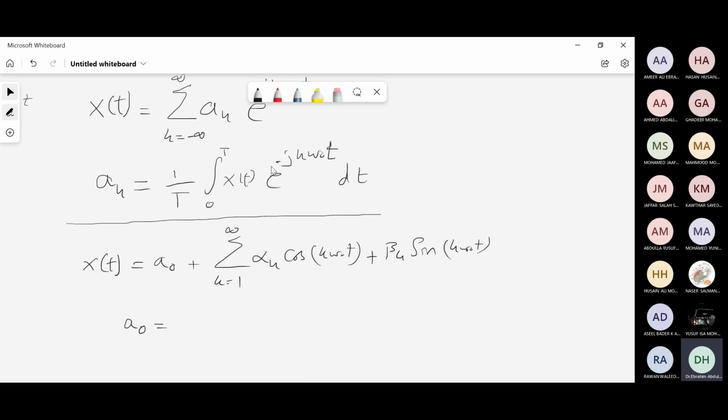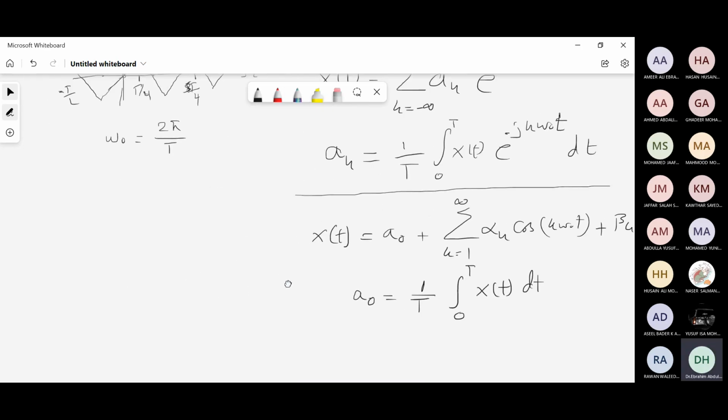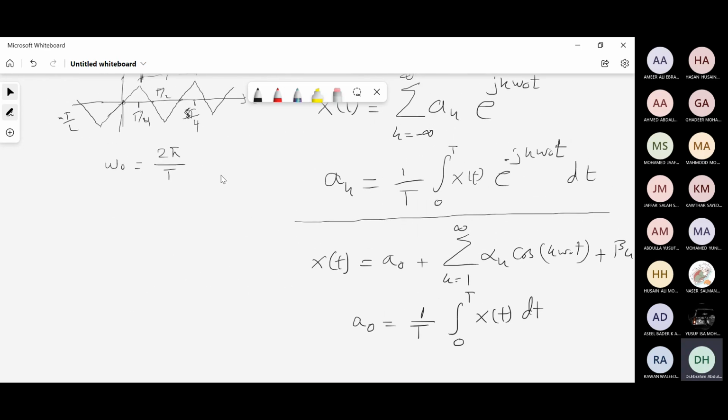For k equal to 0, this term equals 1. So then it is equal to 1 over T, integration from 0 to T of x of t dt. And what is this one? This is the average value of the signal, over one full period from here to here.